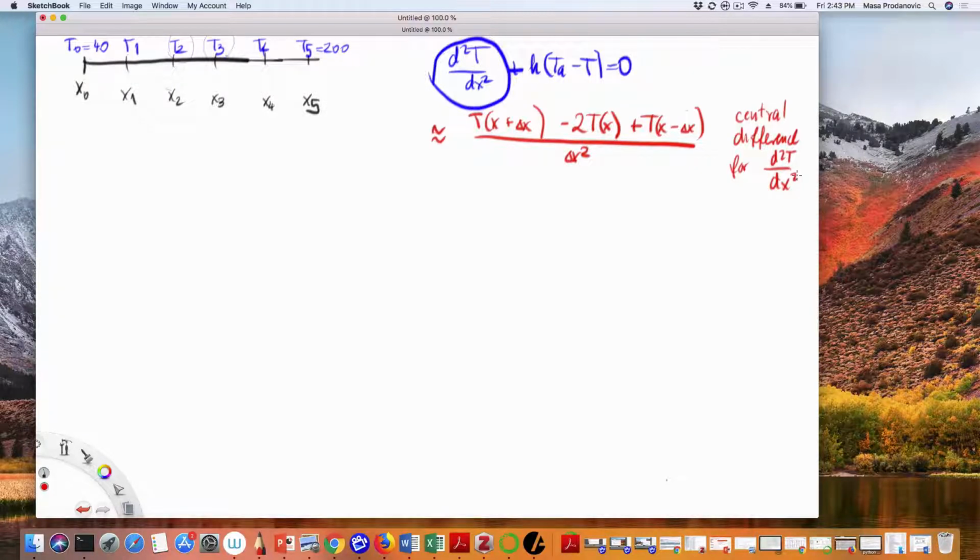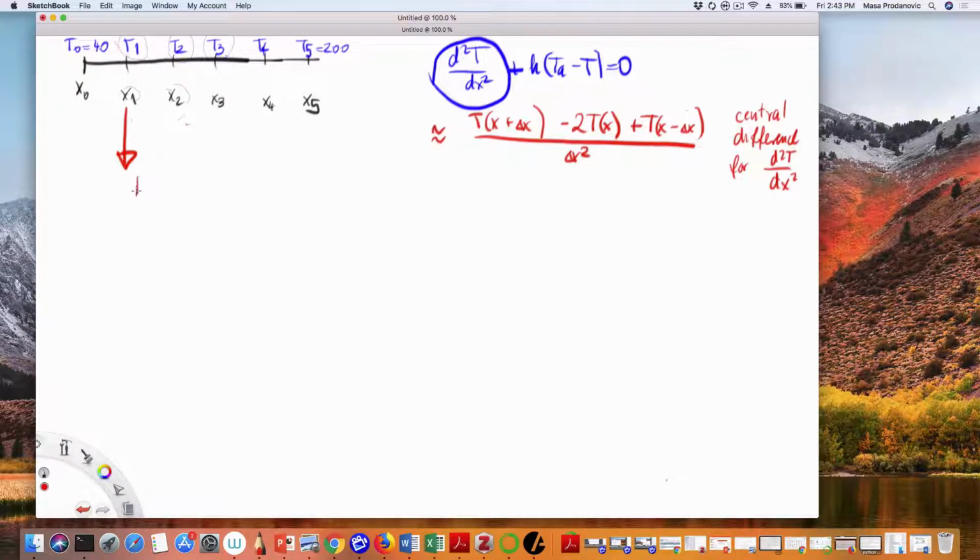Okay, so now I'm going to do that at each of these points, t1, t2, t3, t4. I'm going to apply this and see what I get. So if I apply it at this point here, I will get that my finite difference is T of x1 plus delta x, which is my x2, right?